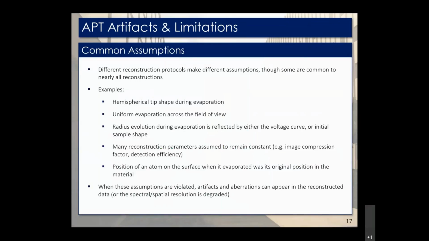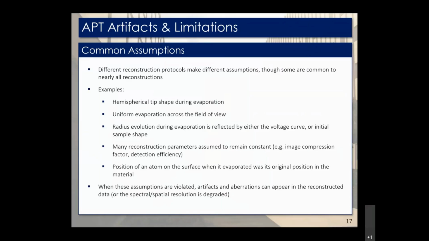We almost always assume we have a hemispherical tip shape during evaporation, that evaporation is uniform across the field of view, and that the radius evolution during evaporation can be mapped either by the voltage curve or by the initial sample shape. In other words, we can use the voltage profile mode or a mode defined by initial imaging of the sample. Also, when determining our reconstruction parameters, a lot of times we assume that they'll remain constant throughout the data set.